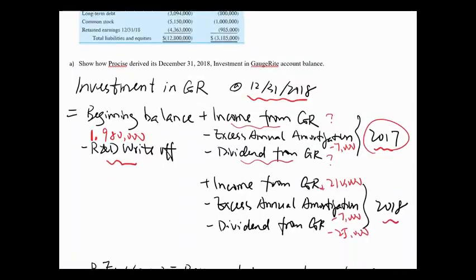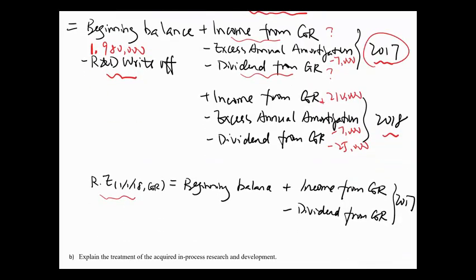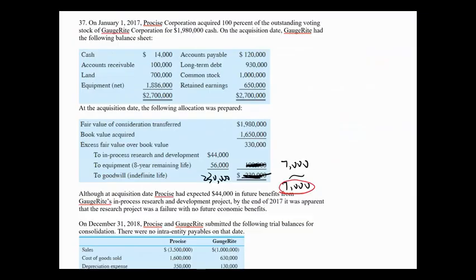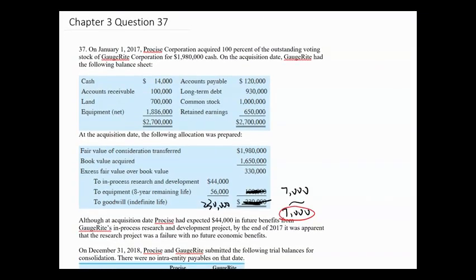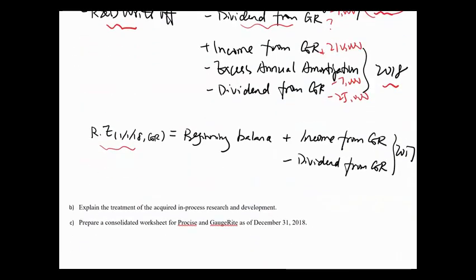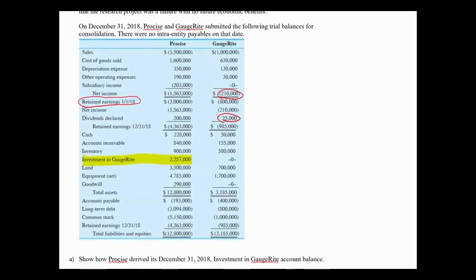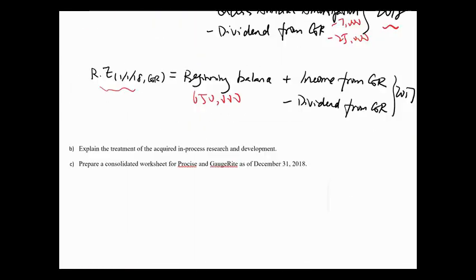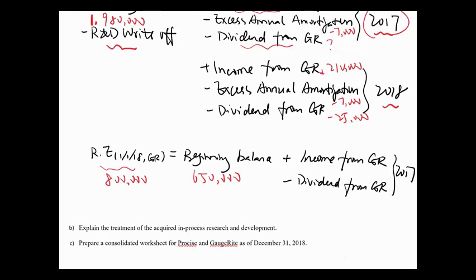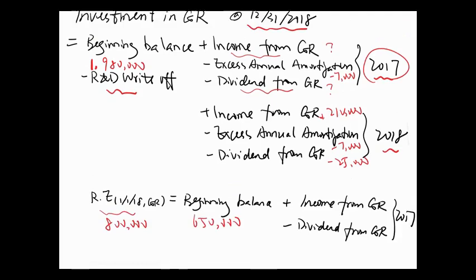The retained earnings at the end of 2017 should equal its beginning retained earnings plus income minus dividend. The beginning retained earnings is given over here, the retained earnings on the acquisition date, 650,000, and the ending balance is 800,000.